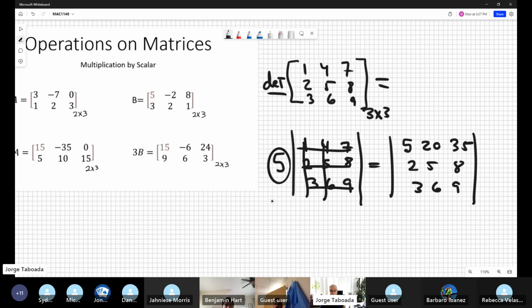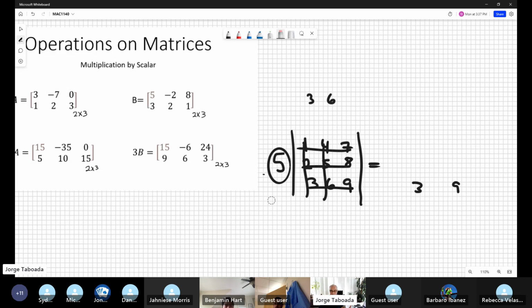In the matrix, when you multiply by a scalar, you multiply everything, because it's a totally different idea. The determinant looks like a function, while the matrix is an array of values, associated maybe with a system or another thing. It's important to understand this idea.